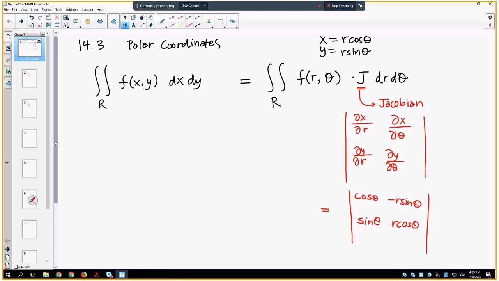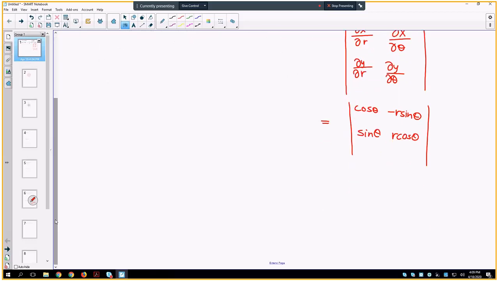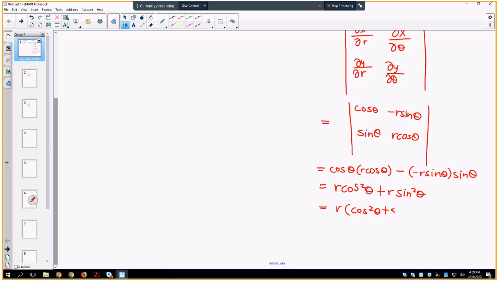When we take the determinant, we get cosine of theta times r cosine of theta minus r sine theta times sine of theta, which is r cosine squared theta plus r sine squared theta. If I factor out the r, I know that cosine squared theta plus sine squared theta is simply 1, so this is r.